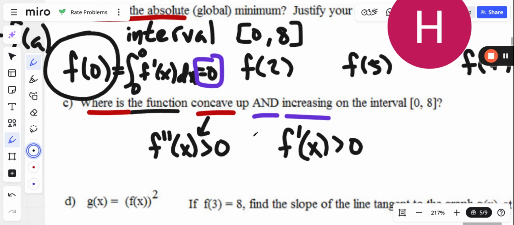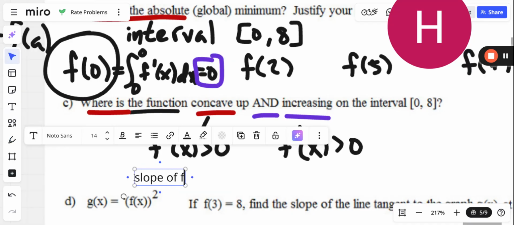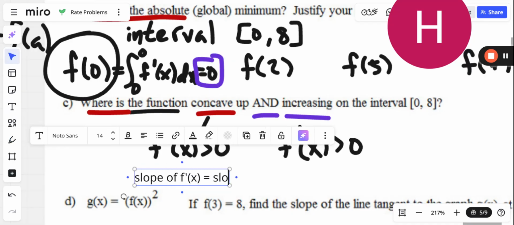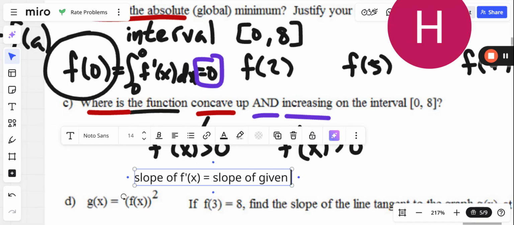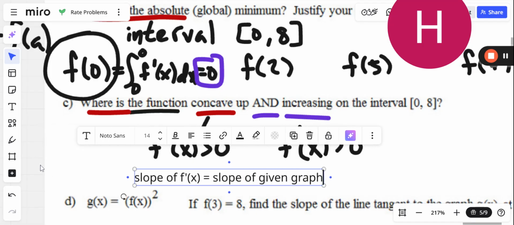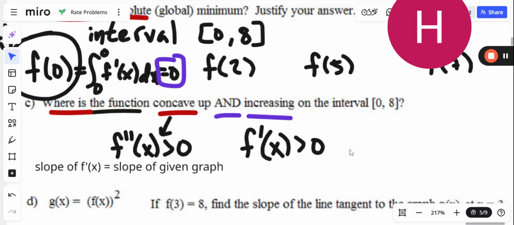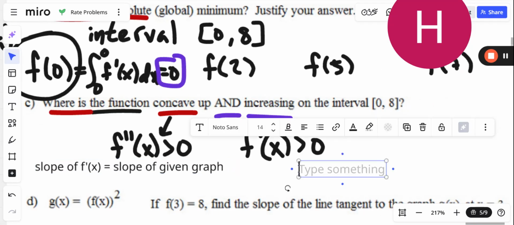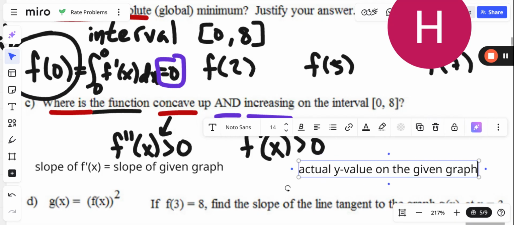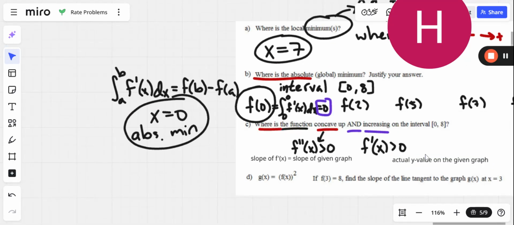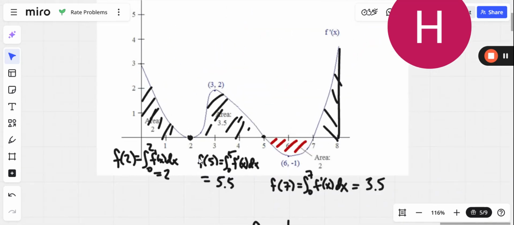We can easily track that because f double prime is the slope of f prime, which is the slope of the given graph. Whereas f prime is the actual y value on the given graph. So we want the actual y value to be positive, and we want the slope to be positive. Let's take a look at where that happens.